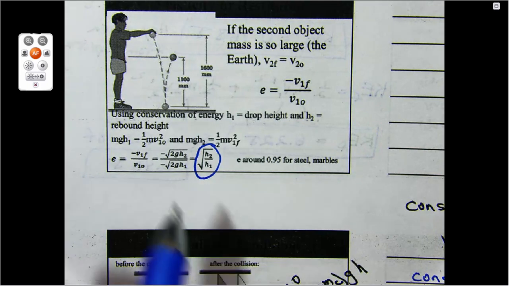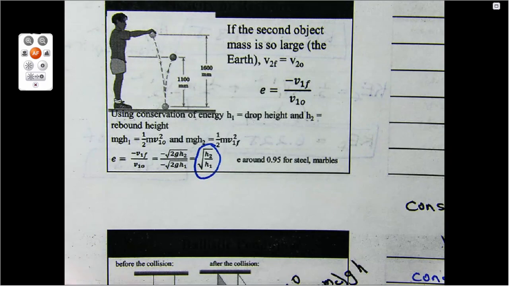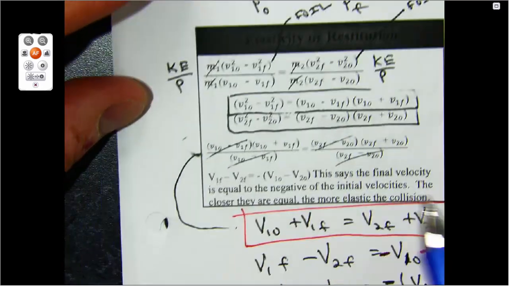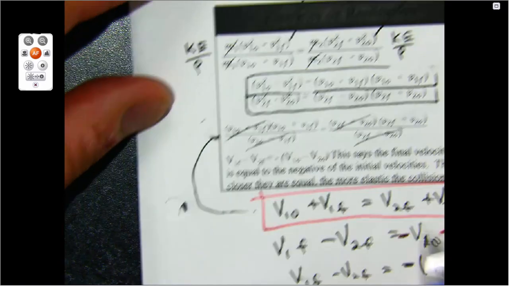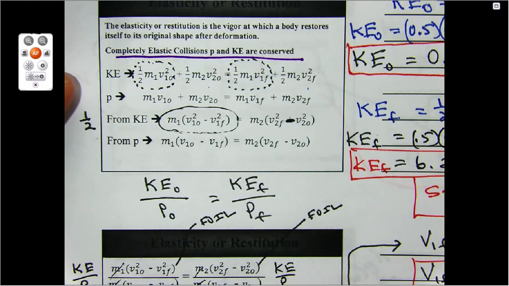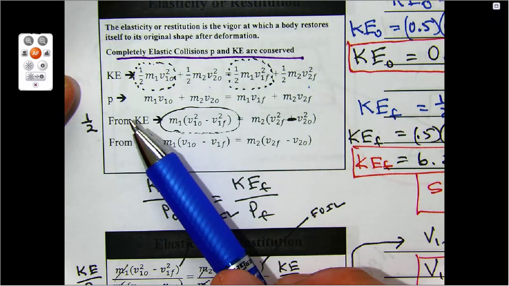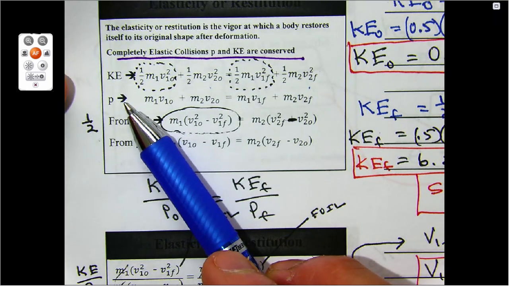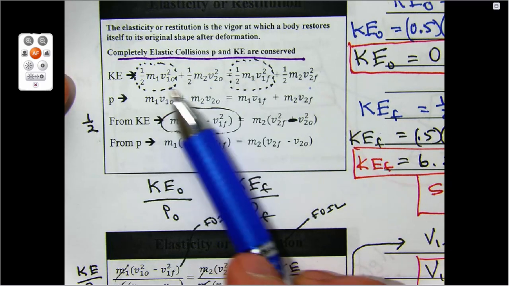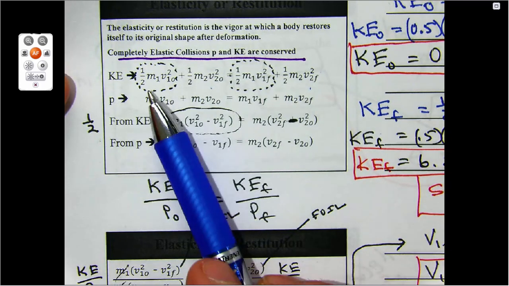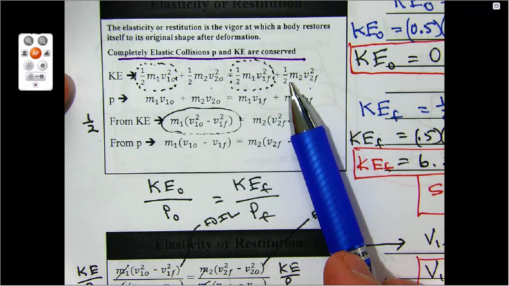Now, let me show you when I've worked this out, because I think you're going to be underappreciative of all this, so I'm going to just show you. This is how this starts out. We have to take kinetic energy and momentum. We rearrange this, cross out the halves in the kinetic energy.